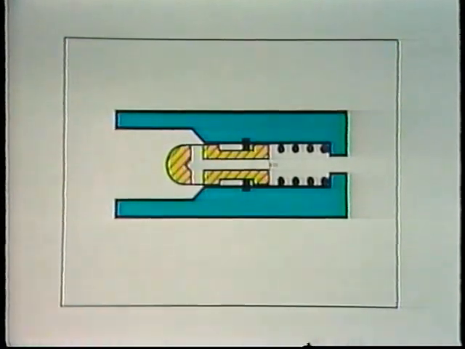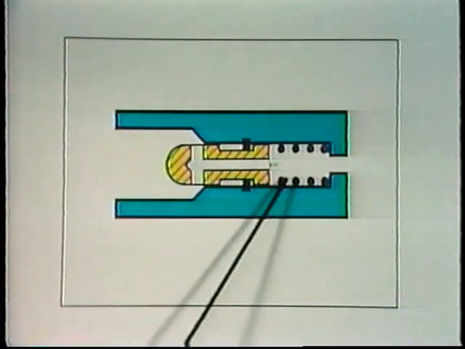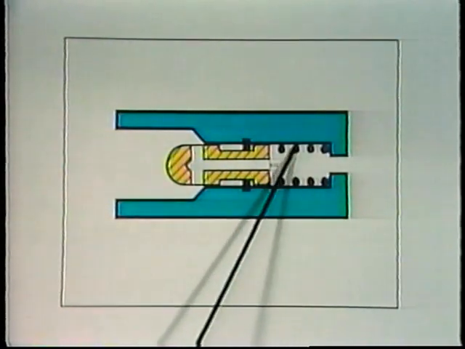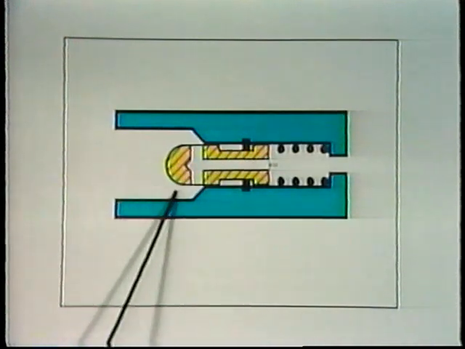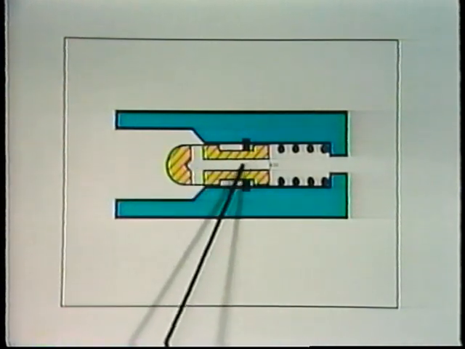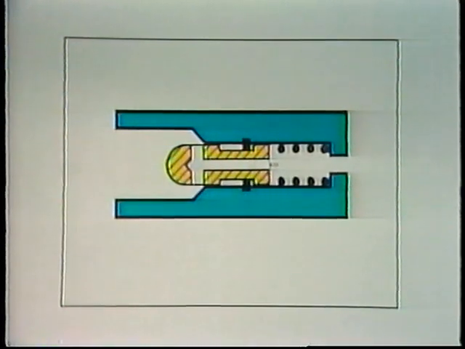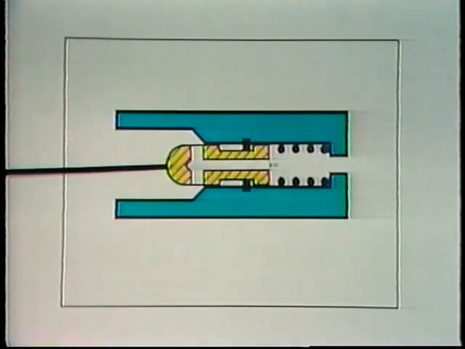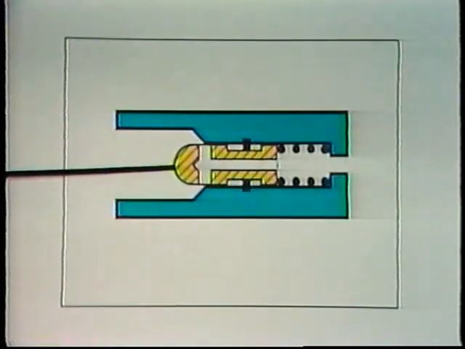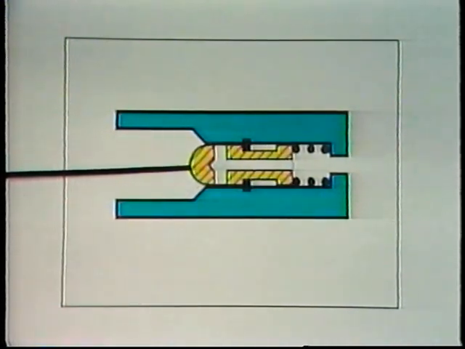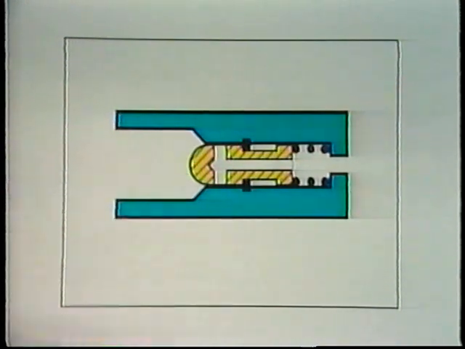This poppet here is held in the open position by this spring, and you can see air can pass through this passage here in the poppet. If the outlet pressure in the line were to decrease, as might happen if the line were to break, the surge of air from the supply would drive the poppet to its non-passing position, as you see here. The air will remain shut off until the break is repaired.